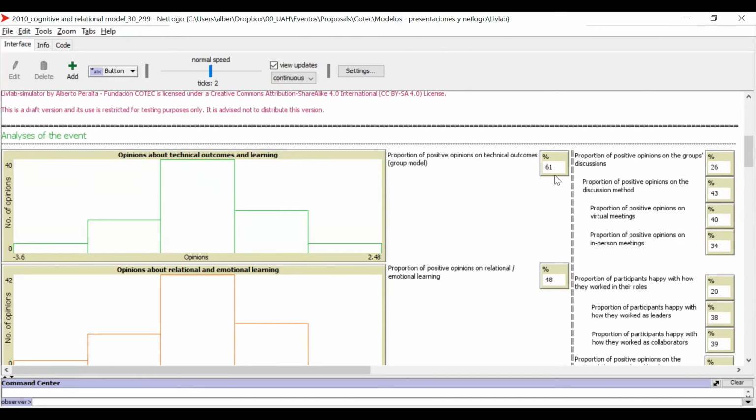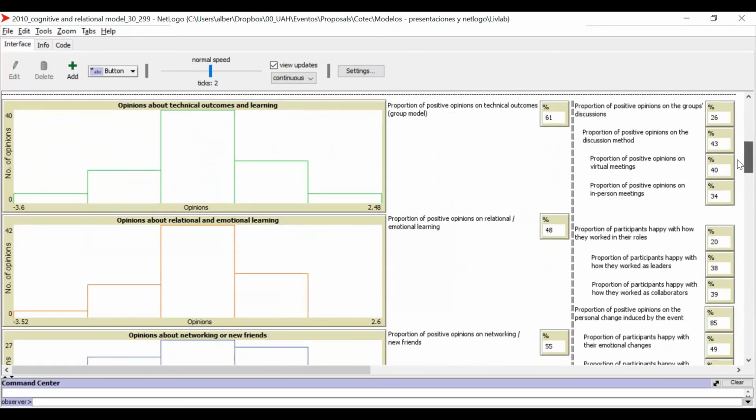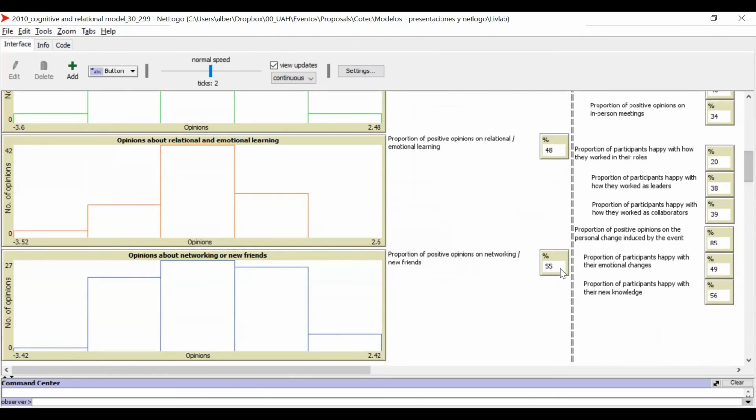In this case, more than half are happy with the technical outcomes, but not that many are happy with the relational learning that they get from the event. Well, there are also more people happy with the networking than not.